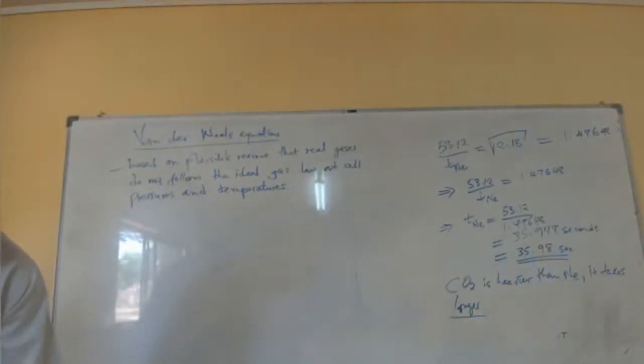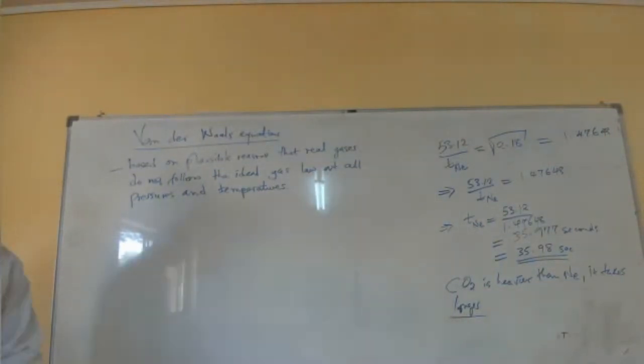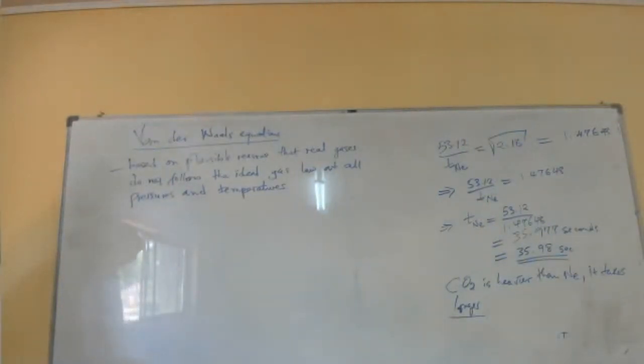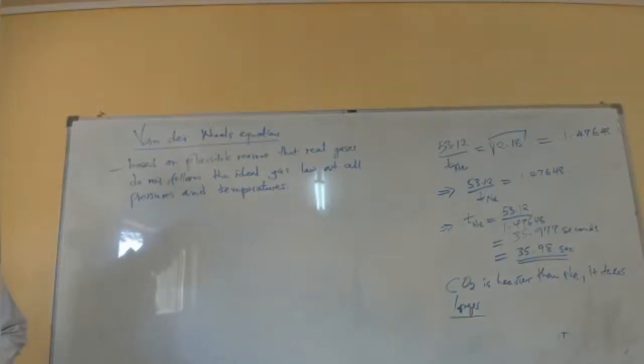if you look at the postulates of the kinetic molecular theory, you will find that, for example, we are saying that particles are very small. They are so small compared with the distances between them that the volume of the individual particle can be assumed to be zero.